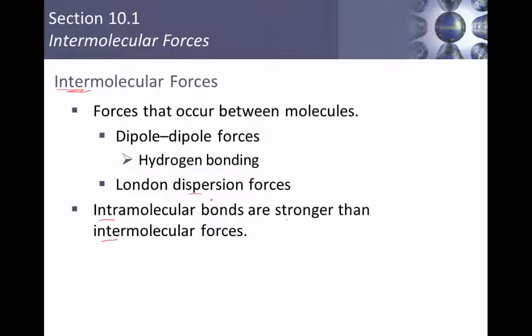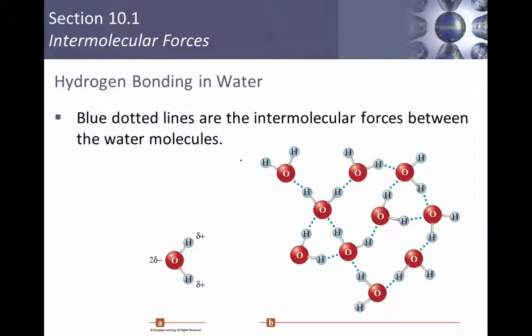Okay, so we're going to talk about each of these three types of intermolecular forces individually. We're going to start out with the dipole-dipole, but here's a quick visual to remind you how to read these pictures.